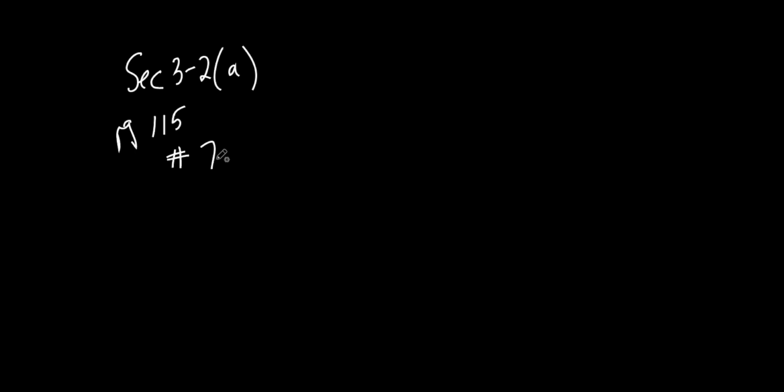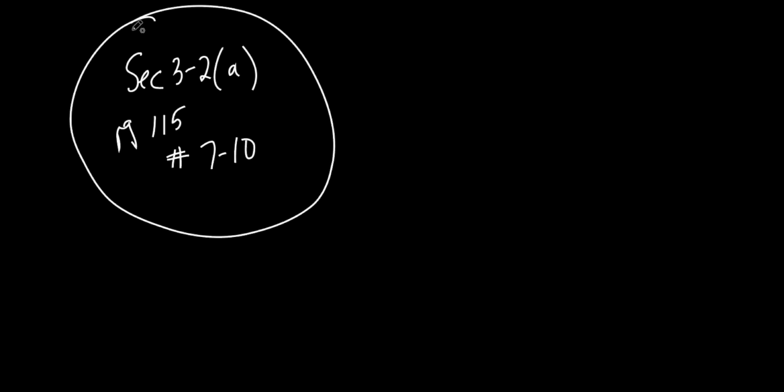Okay, let's just do 7 to 10. So I'm going to revise what I put on the lesson plans. So we're going to do section 3-2A. What page is that? Page what? 115? Okay. And tell me the numbers one more time. 7 to 10? Okay. So 7 to 10 should be all substitution. All right, so just do 7 to 10.